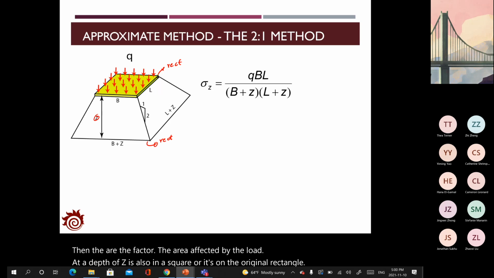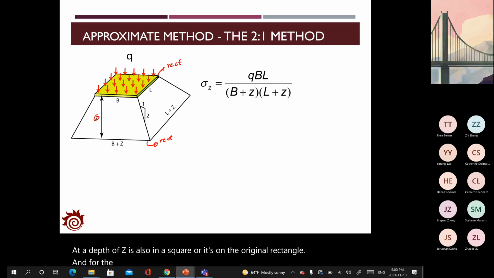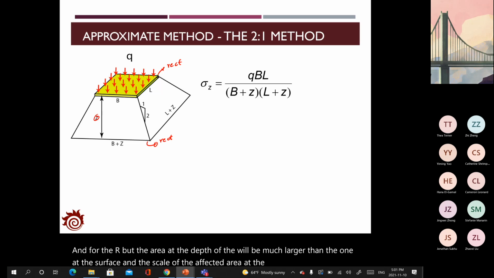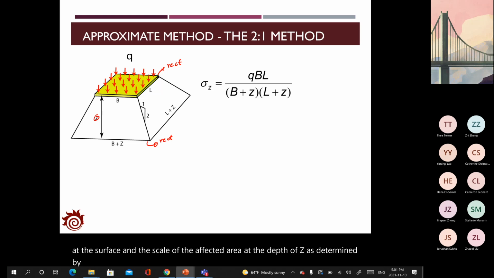But definitely the area at the depth of z will be much larger than the one at the surface, and the scale of the affected area at the depth of z is determined by the 2-to-1 rule.